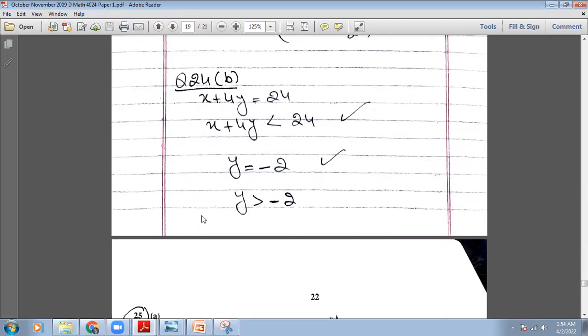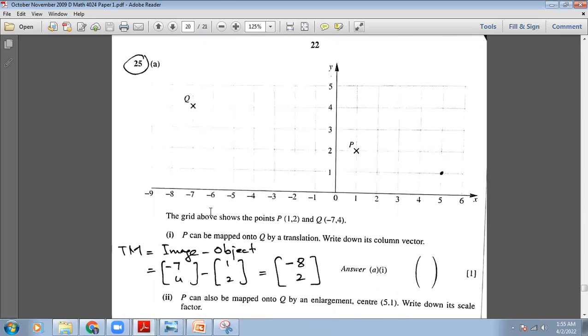So x plus 4y is less than 24. And the other equation, that MN equation, is a horizontal line. Its equation is y equals minus 2 because the shaded area is above this line. So the crocodile's mouth will be towards the y. So y is greater than minus 2.